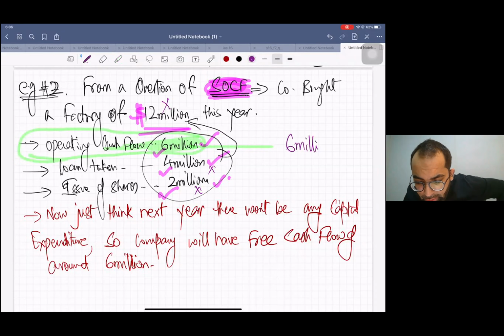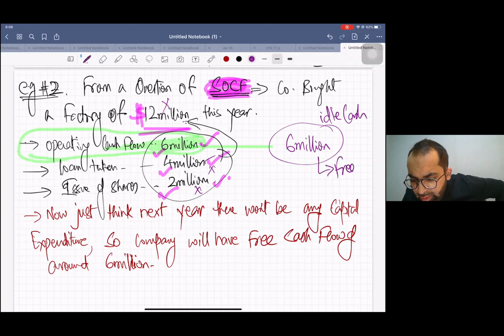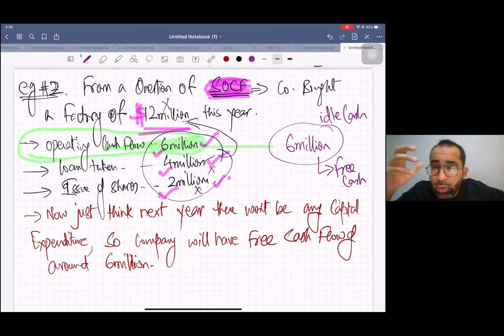When there is no more fixed asset expenditure, no share issue and no loan, this 6 million will be free cash. Through this free cash, you can comment that we can repay our loans and overdraft and everything. So this is what-if commentary.